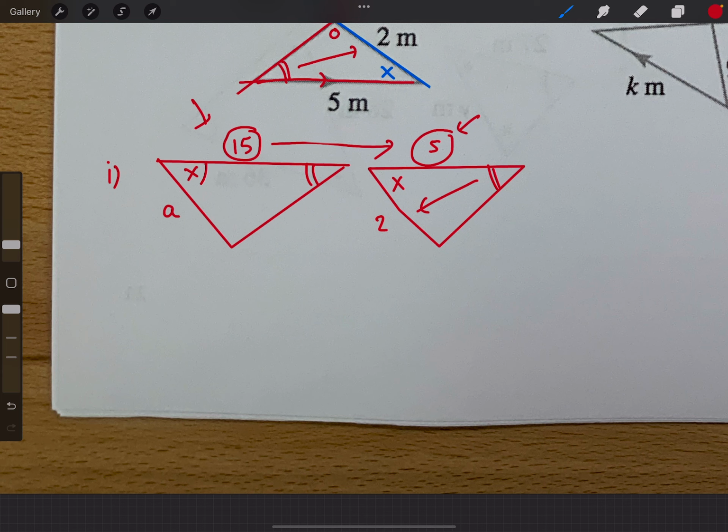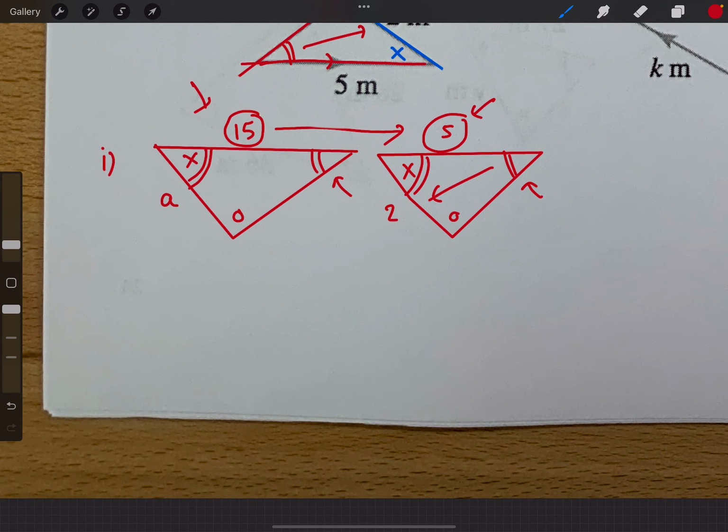So the angle X is on this side and angle X on this side. The angle with double lines also has a double line here, and the circle is a circle there. They're all matching right now, which means that all the lengths must be matching. So this 5 and this 15 are matching.